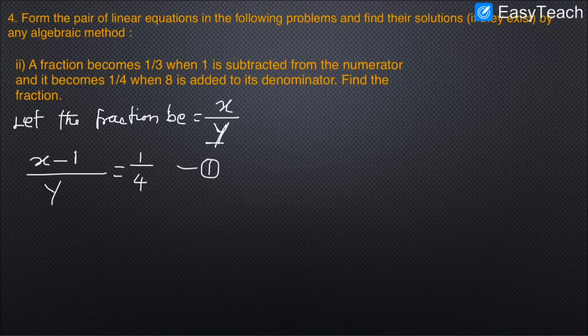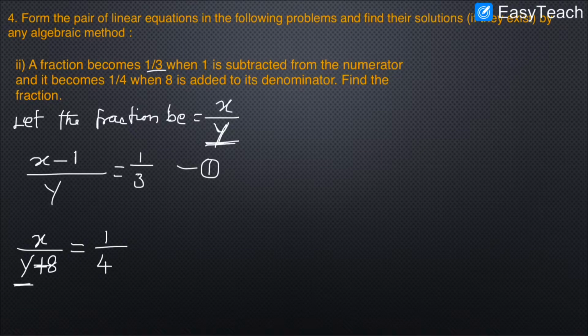Second equation, take the same fraction, which is x by y. The second statement, when 8 is added to its denominator, no change in the numerator, so x by y plus 8. When 8 is added to its denominator, the fraction will become 1 by 4.